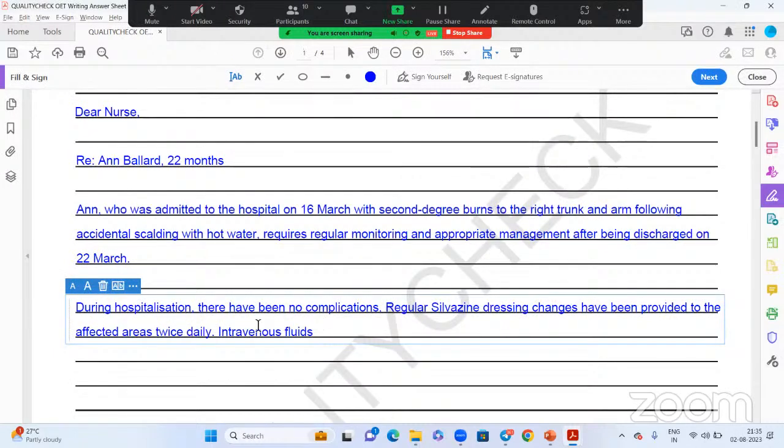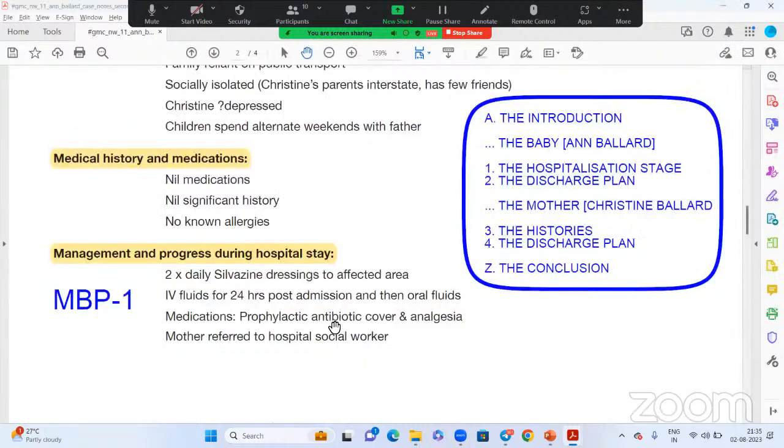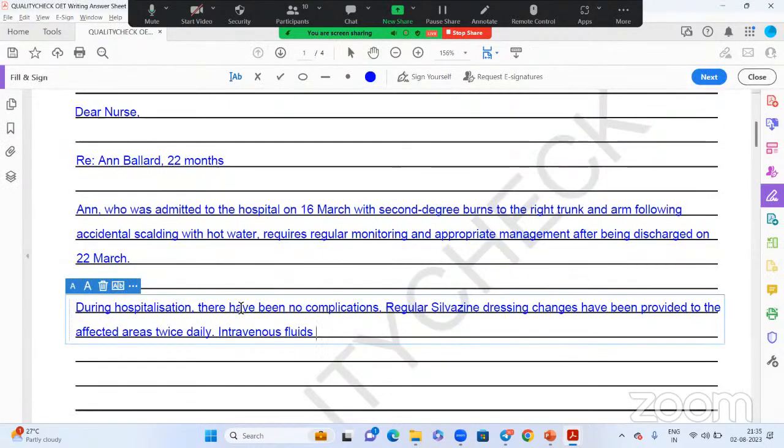So during hospitalization, okay, intravenous fluids have been provided, have been commenced, have been prescribed.